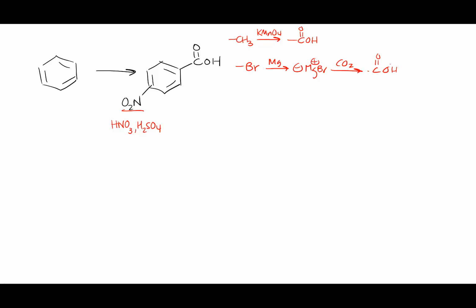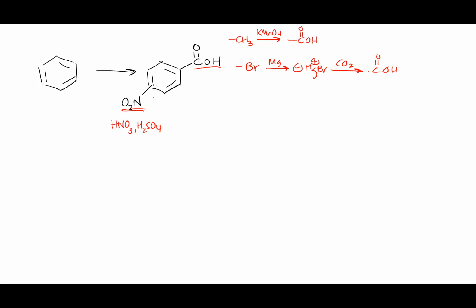We have a problem. Can you identify what the problem is in terms of writing this para-disubstituted ring? If you said that this group is a deactivating meta-director and this nitro group is a meta-directing deactivated group, you would be correct.